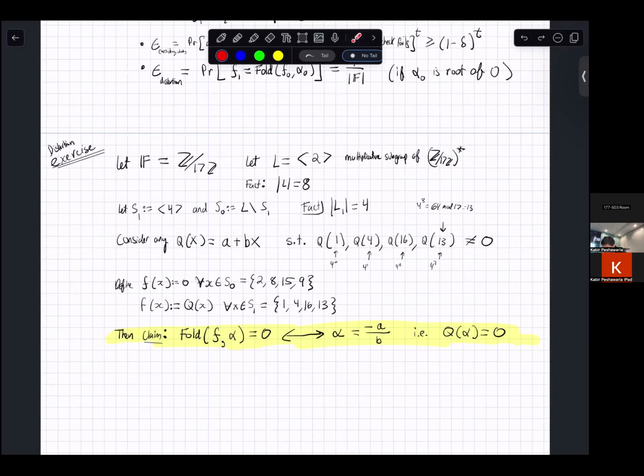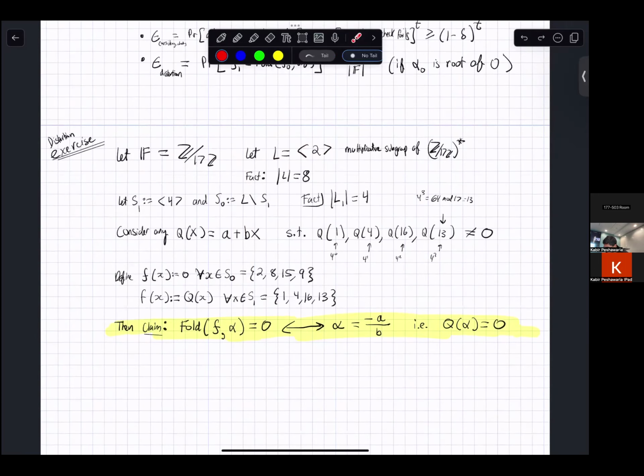If you split this up into an S0 and S1, where S1 is generated by 4 and S0 is everything else, and then you consider a line like this, and you define your F0 like so, then you should be able to prove that the fold of this F at some alpha is equal to 0 if and only if alpha is a root of this polynomial, this line that you chose, Q.